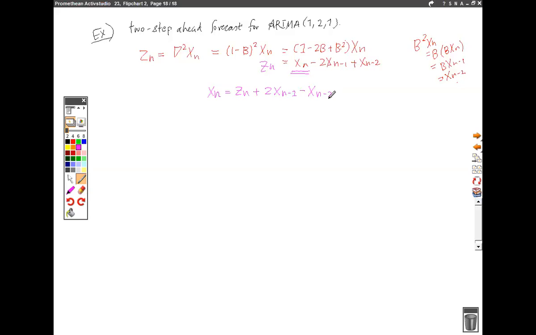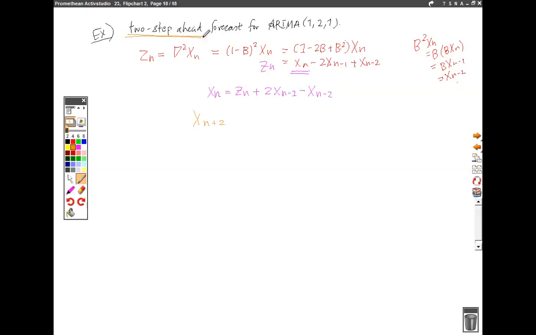Now what you have to consider is what kind of forecast you care for. Here they have asked us to carry out a 2-step ahead forecast. So if I am currently at Xn, what I have to figure out is what's going to happen at Xn plus 2.